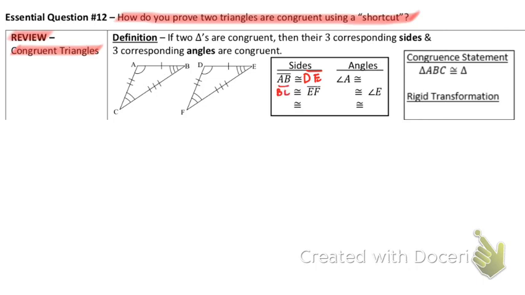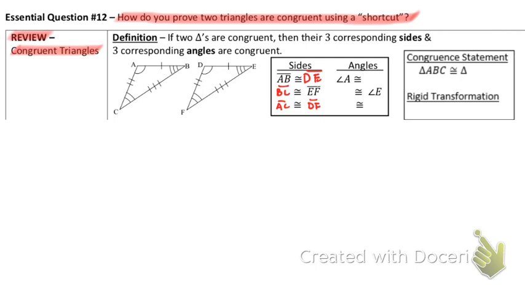It's pretty simple here. The drawing does a great job of just marking everything for us. And then the last side, we're going to know that AC is congruent to DF because they have matching marks, AC to DF. So all the sides are congruent.